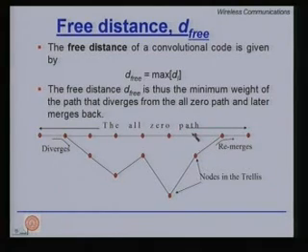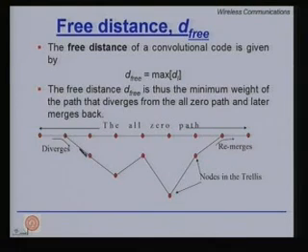For a linear code, this holds true. That is, if you are talking about a linear convolutional code, then all distances from the all zero path are representative distances. So all you have to do is take the first path, which is the all zero path. You will see zeros written on top of it. It is called the all zero path.